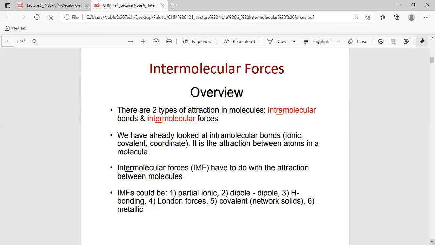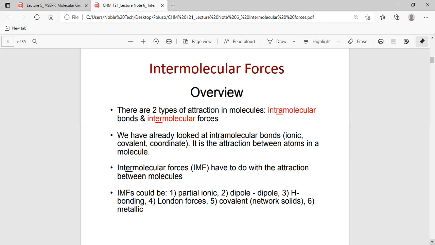So we have looked at ionic bond, covalent bond, coordinate bond. These are interactions that hold atoms together in a molecule or in an ion or ionic compound. But intermolecular forces are between one molecule and another molecule. So it's not within the molecule.